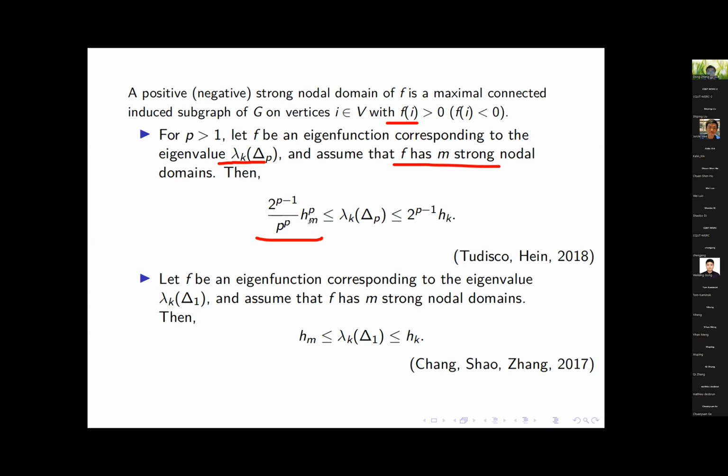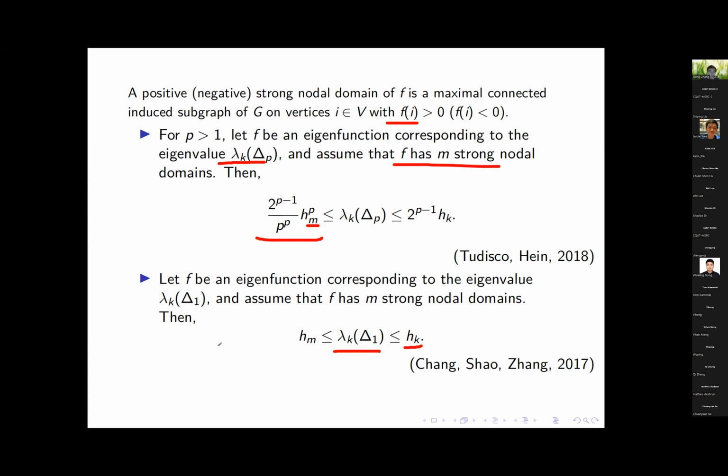Here you should note that the subscript is m, not k. And if p is 1, we get a very simple inequality relating the k-way Cheeger constant and the k-th variational eigenvalue of the 1-Laplacian.